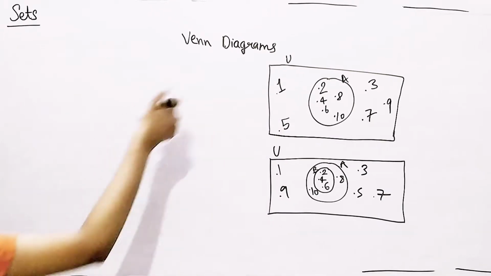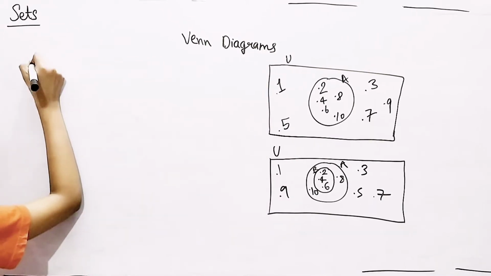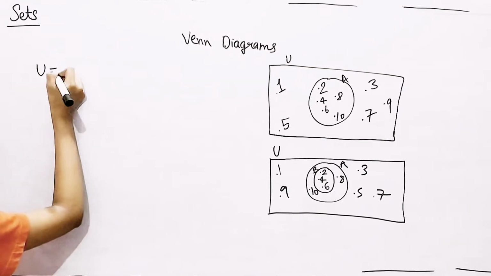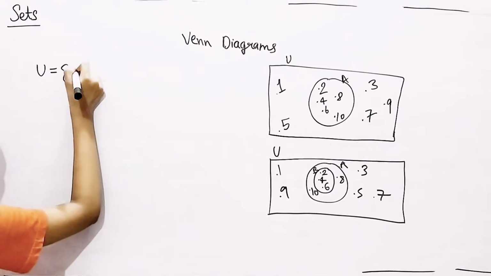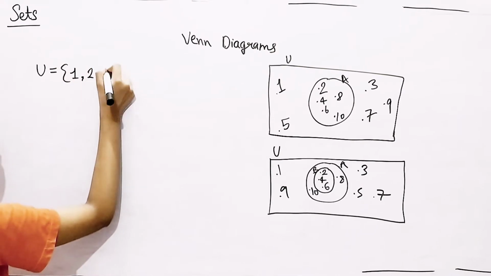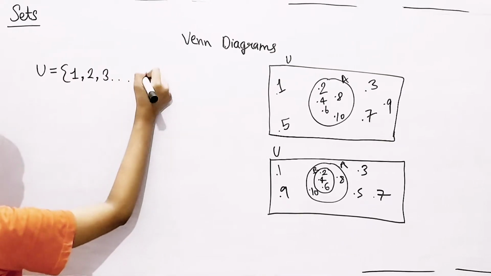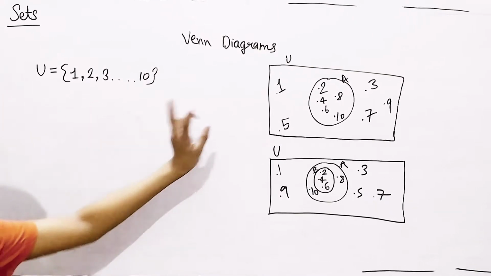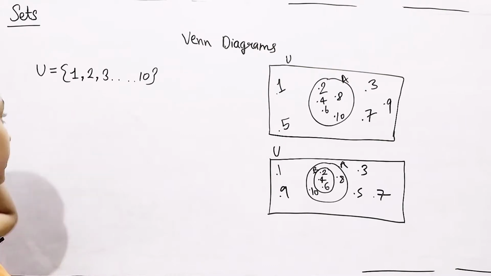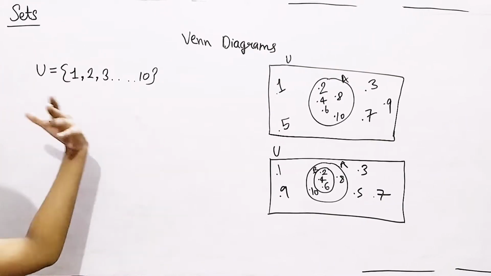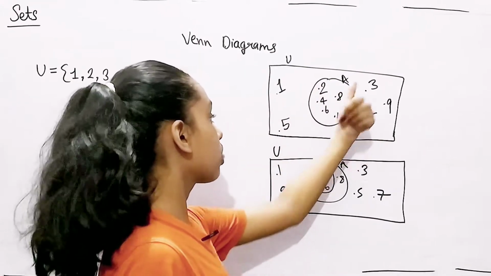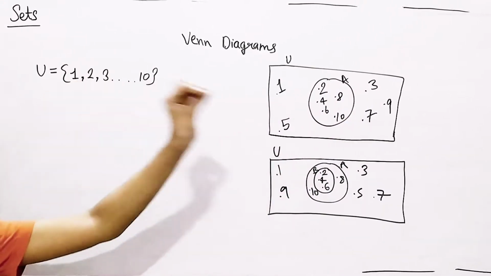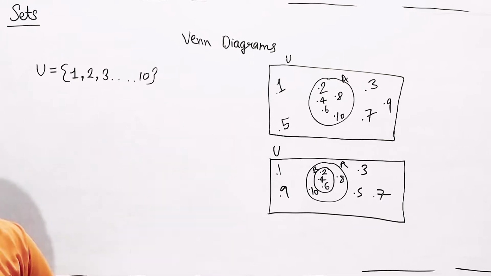In this figure, set U equals the elements 1, 2, 3, and so on till 10. So we have a total of 10 elements. Of course there are 10, because I'm pretty sure about it.